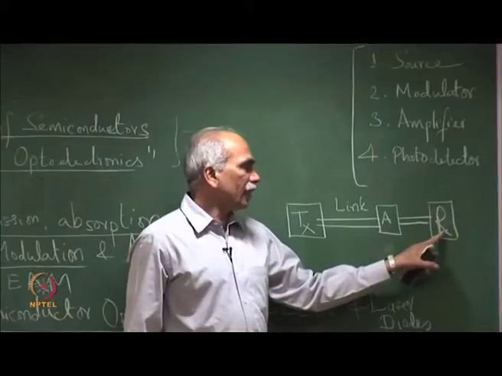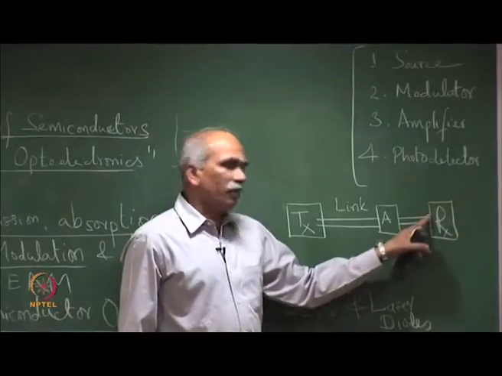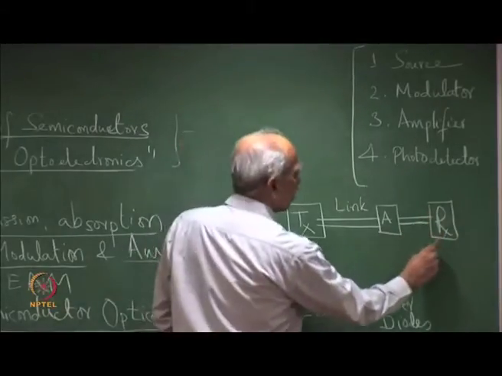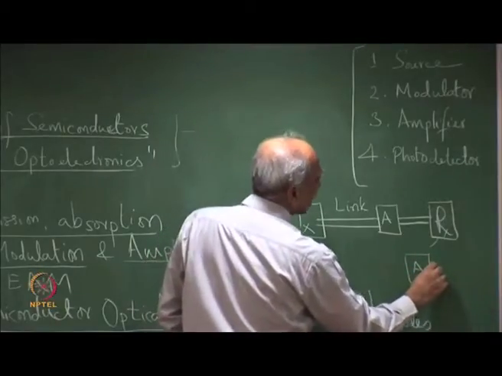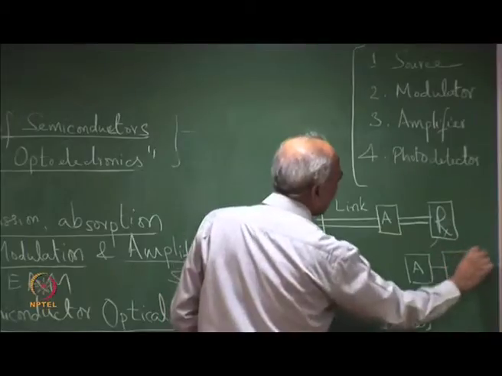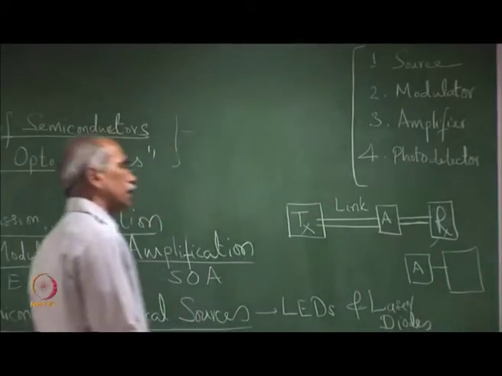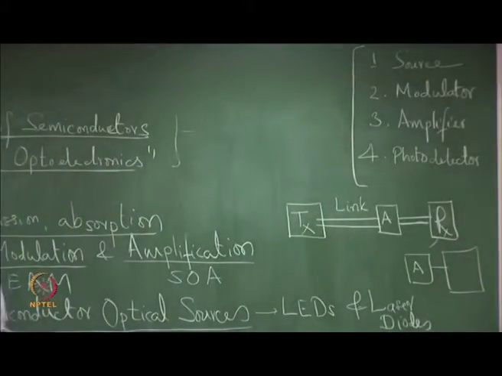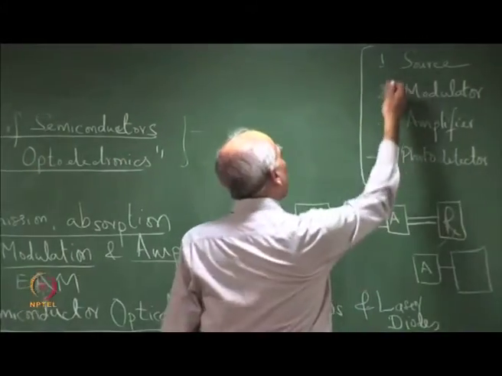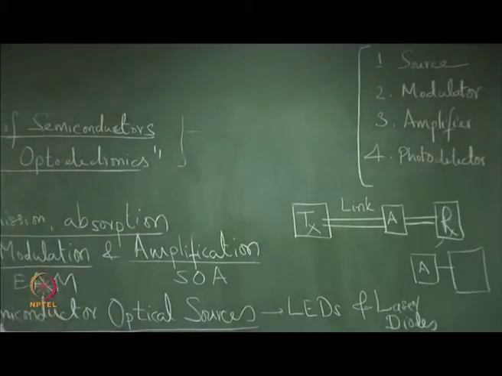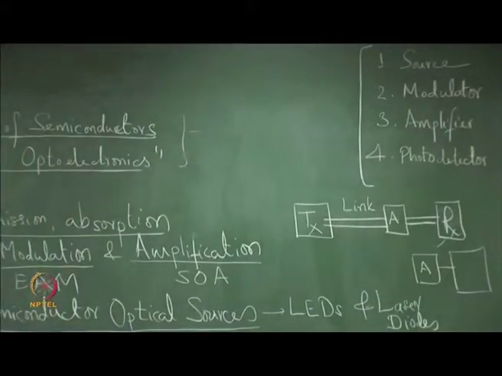Similarly, the receiver would have a preamplifier, an amplifier, and then of course the processing circuit which may comprise filters, photodetectors, demultiplexers and so on. So, these are the important basic building blocks of a communication system.